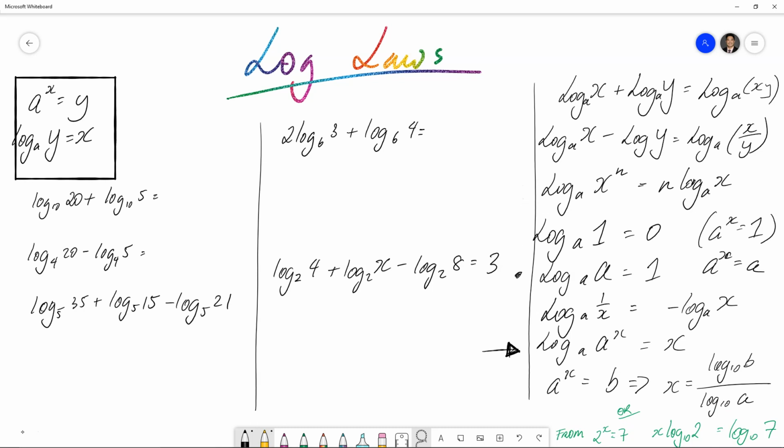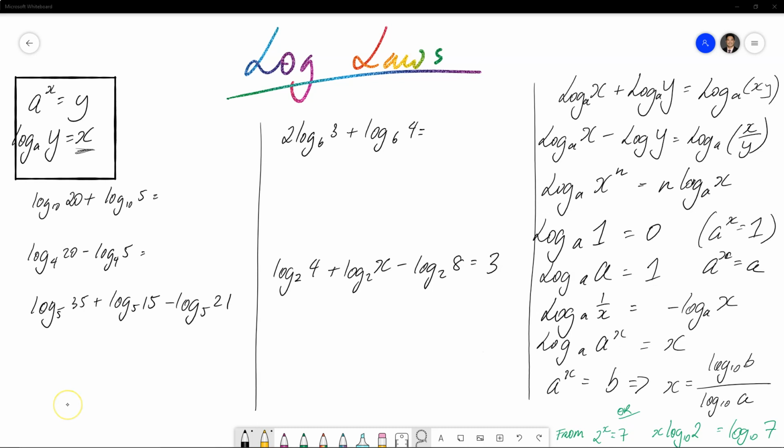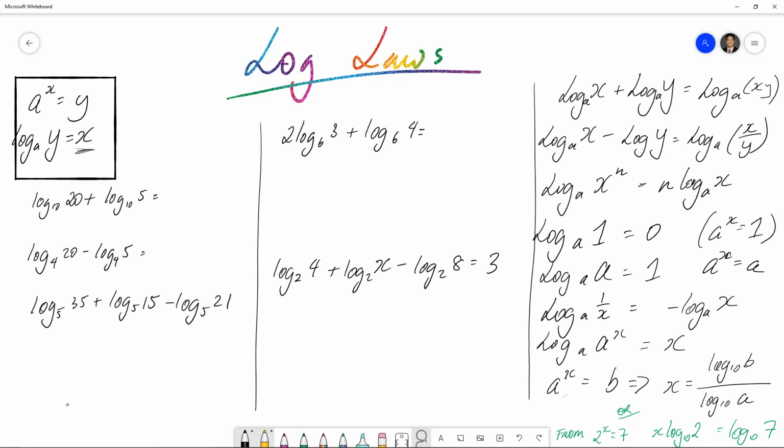So let's forget about this part here, the x. Anything log base a of a is equal to 1. So if this whole thing is 1 raised to a power, it's just going to equal x. Then with the last one, a to the power of x in log form is going to be log a y is equal to x.